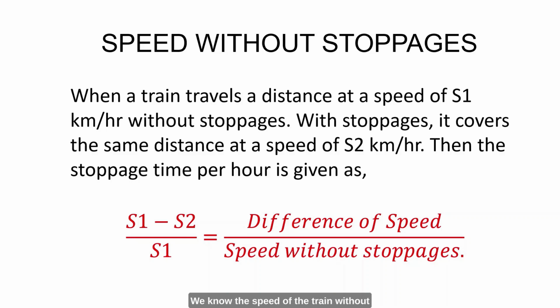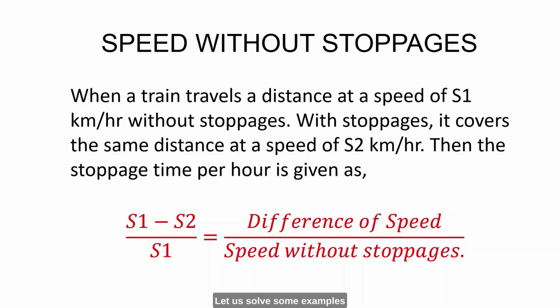We know that speed of the train without stoppages will always be greater than the speed of the train with the stoppages. Therefore, S1 will be greater than S2. Therefore, S1 minus S2 divided by S1 is equal to difference of speed divided by speed without stoppages. If we solve this equation, we will in turn get the stoppage time per hour.